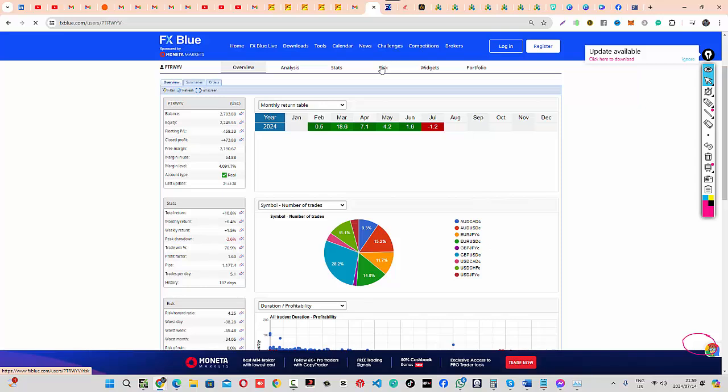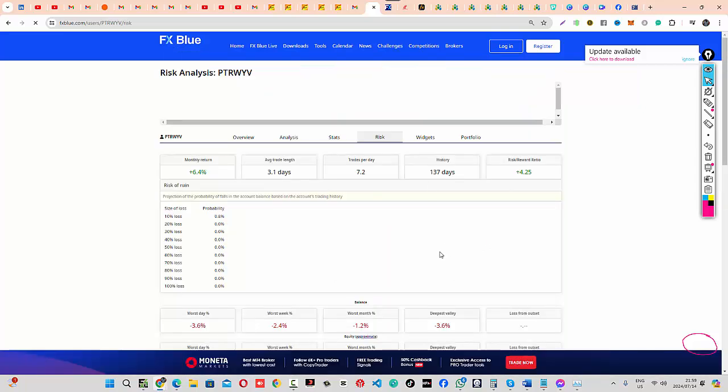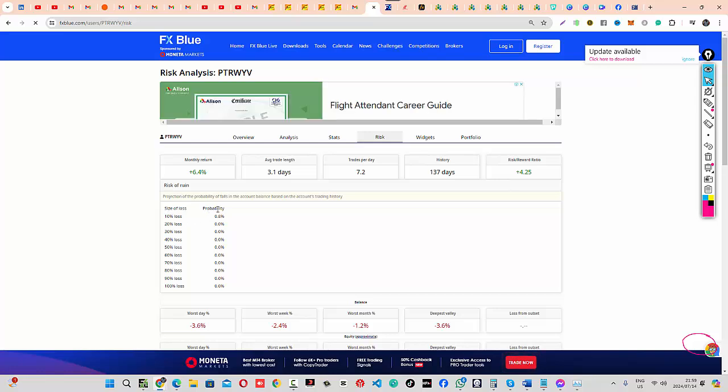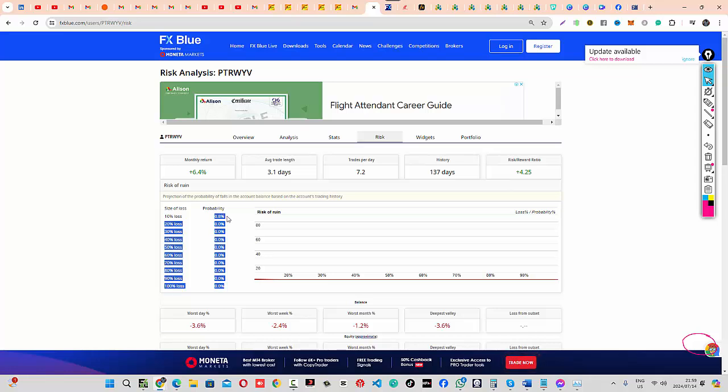What else do I want to say? I think we have checked risk. The probability that this robot is going to blow 10% is 0.08.